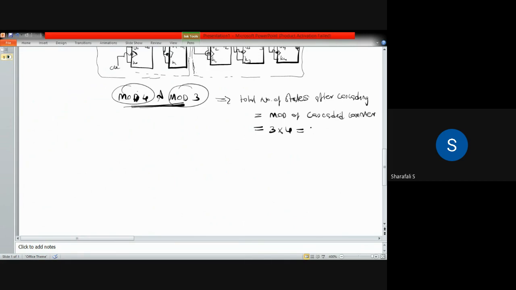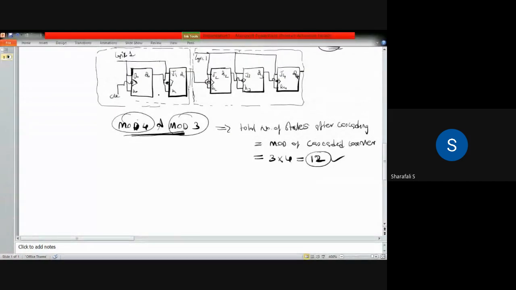So that is equal to 12. So we'll get 12 modes, same as what we discussed earlier. So if you want to get only this 12, you can use this method also, by cascading mode 4 and mode 3 counters, and then you can restrict your number of states to 12.